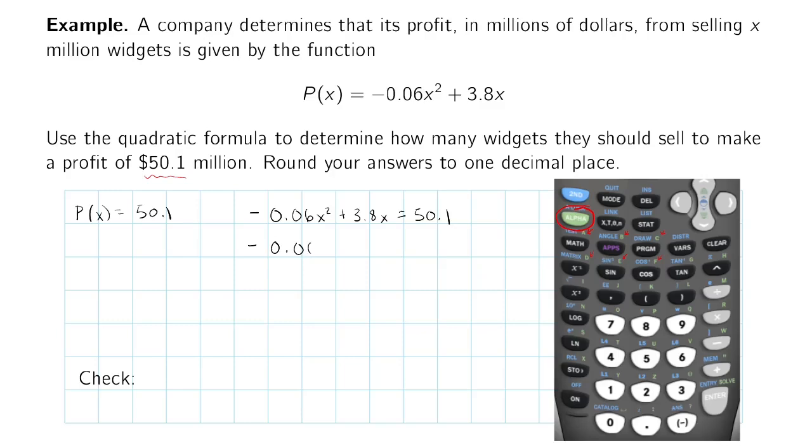Negative 0.06 x squared plus 3.8x minus 50.1 equals 0. So we'll have A is negative 0.06, B is 3.8, and C is negative 50.1.